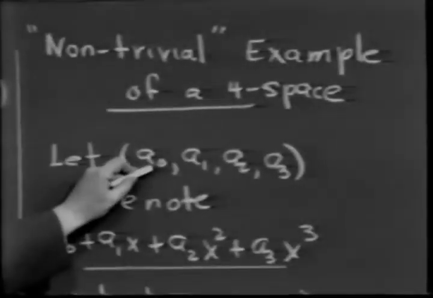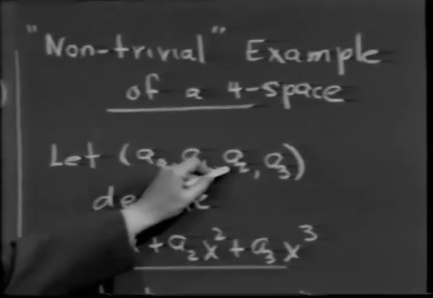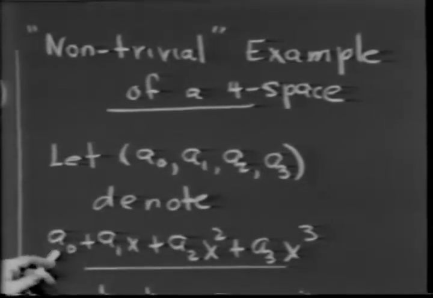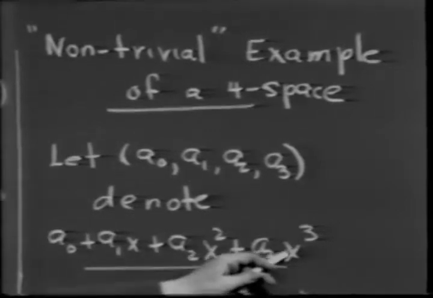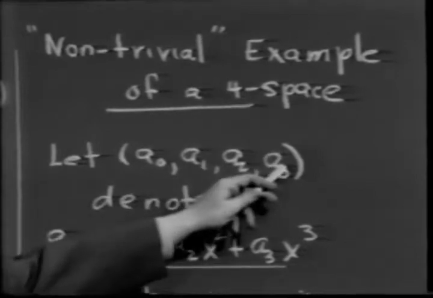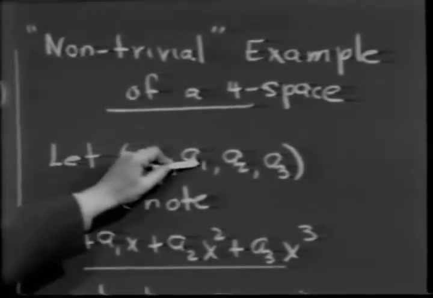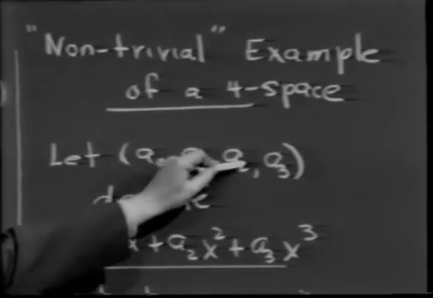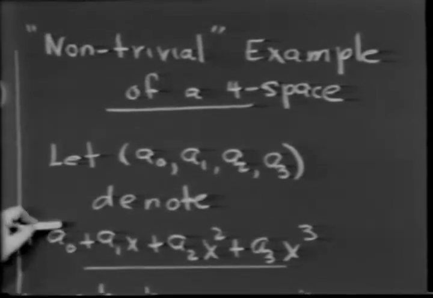Let's suppose I invent the abbreviation that I write the 4-tuple A0, A1, A2, A3 to denote the cubic polynomial A0 plus A1x plus A2x squared plus A3x cubed. Notice that I can use these as a place value system. Namely, the first member tells me my constant term, the second member tells me the coefficient of x, the third member tells me the coefficient of x squared, and the fourth member gives me the coefficient of x cubed.